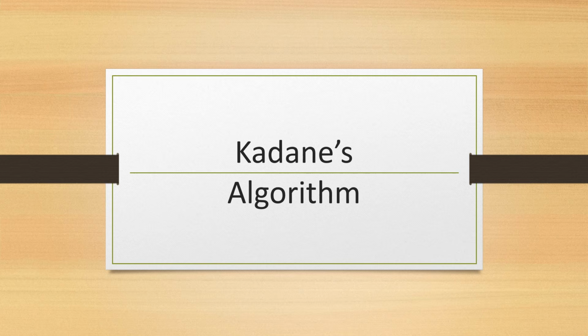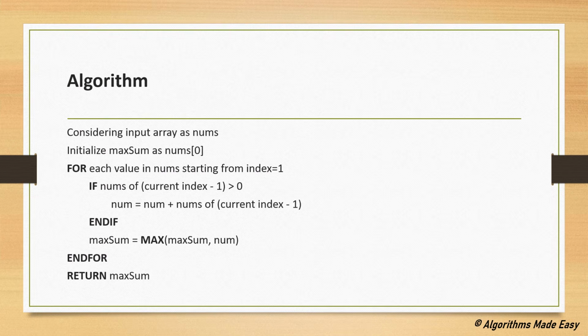Let's go through a more popular algorithm. This algorithm uses dynamic programming. It is similar to the greedy algorithm with one difference. Instead of storing the current sum in a separate variable, we will update our input array. This is how the algorithm would look. We would initialize max sum with the first value of the input array.